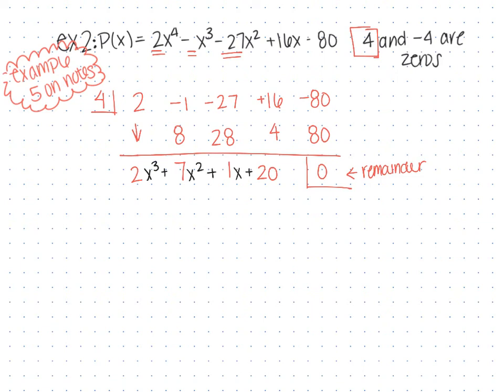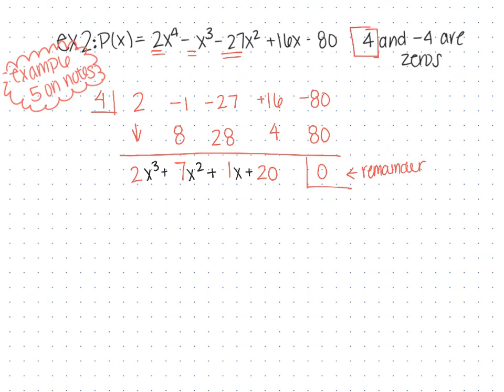If you remember, from synthetic division, it decreases 1 degree. So now I have 2x cubed plus 7x squared plus 1x plus 20. Normally, once I did synthetic division, I'd be left with an x squared term, and with x squared terms I can do the quadratic formula. I can't do that yet because I still have 4 terms and it's x cubed.